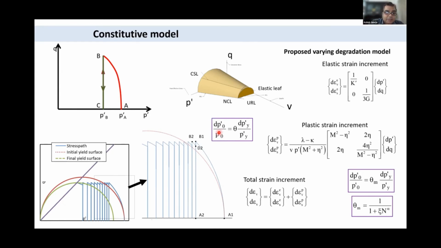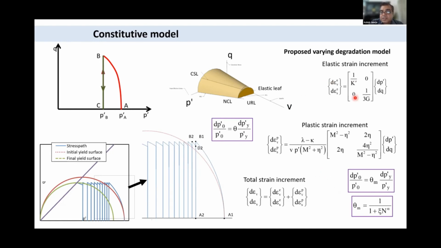So let me say if I have this figure over here, and after loading, it starts to understand a new P0 prime. With this new P0 prime, if I load it, it will give me a different performance in terms of pore pressure response, in terms of effective mean stress, etc. So these equations on the right are not there to scare you, I apologize.